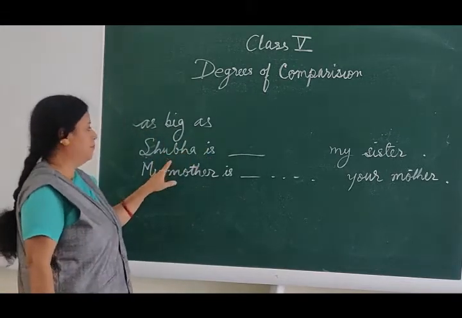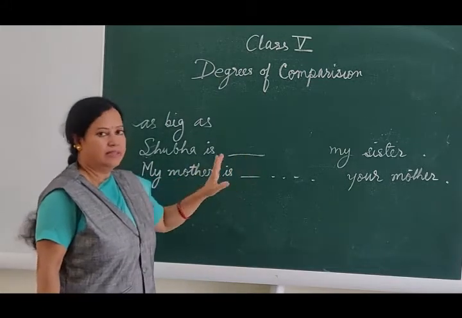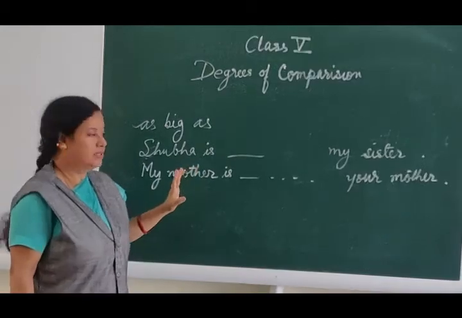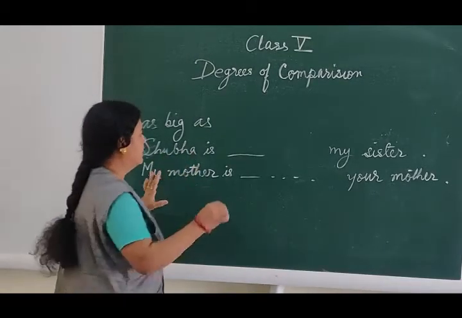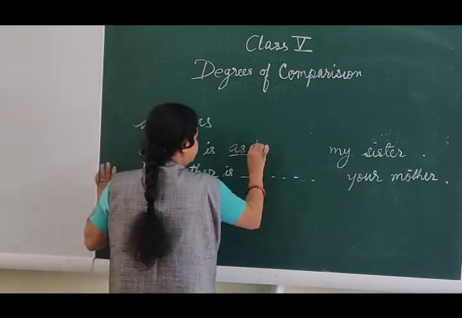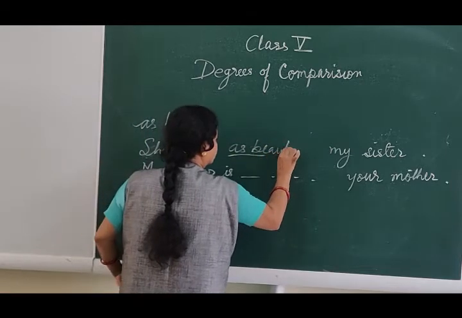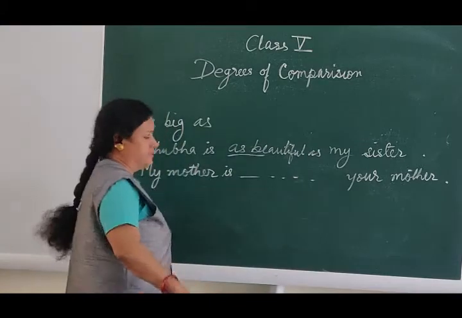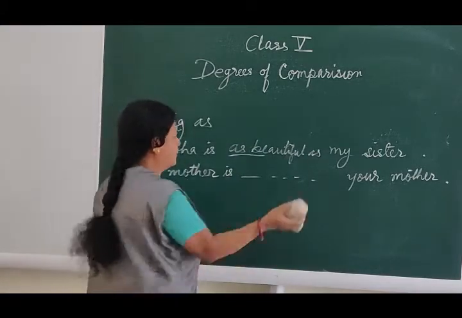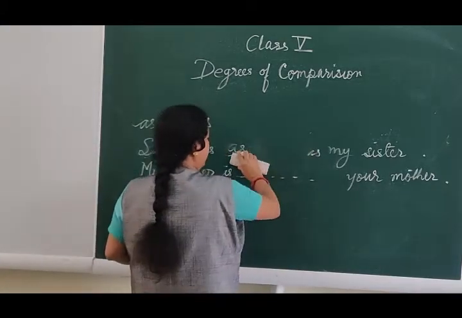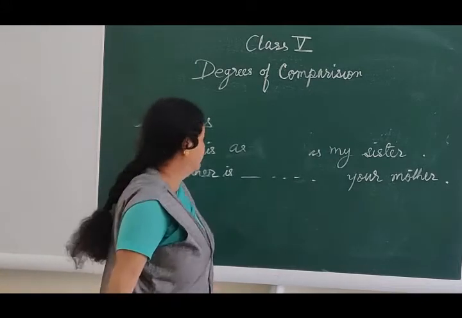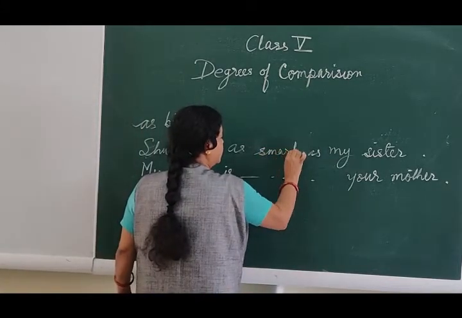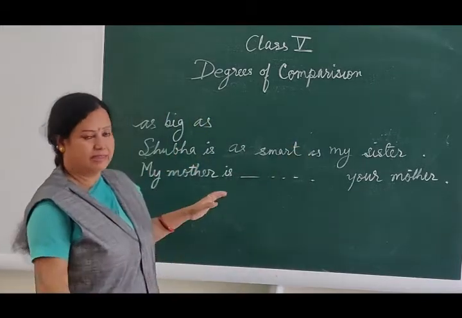Understood? Suppose I am comparing Shubha with my sister, and they both have the same quality. Shubha is as beautiful as my sister. Shubha is as smart as my sister.